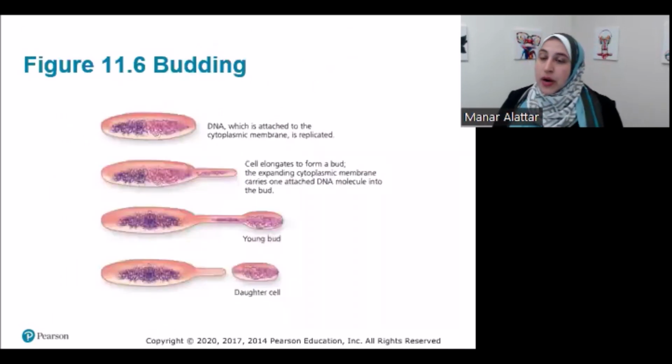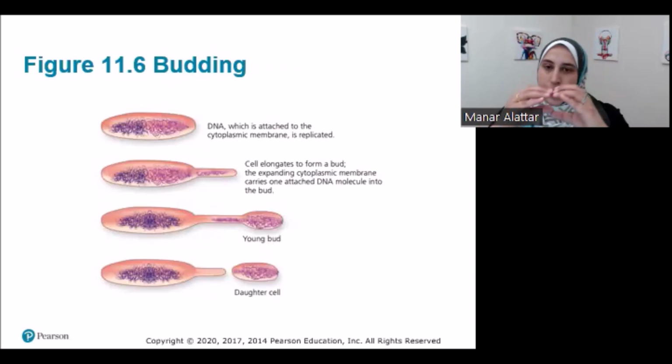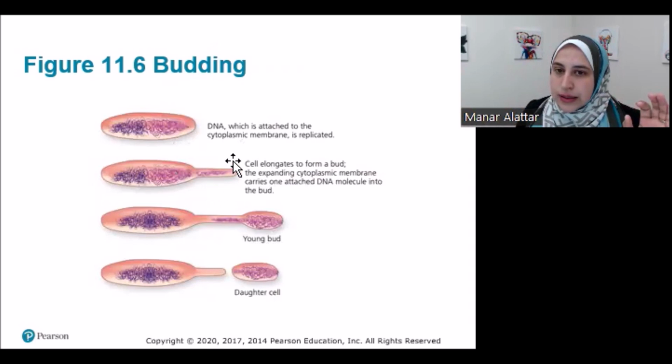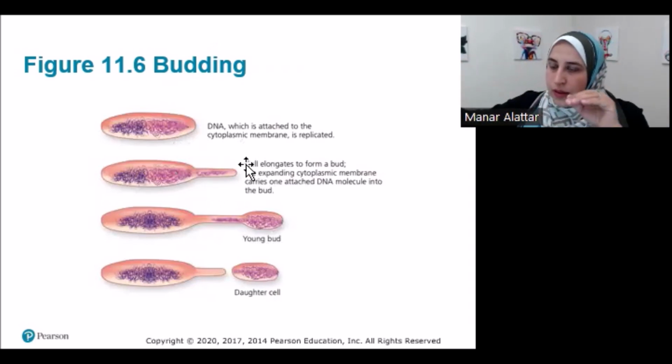We also have a process called budding, where the parental cell does replicate its genetic information, and then it makes an extension, which you can see here, of the original parent cell that has cytoplasm in it, and then it directs the replicated DNA into that extension.